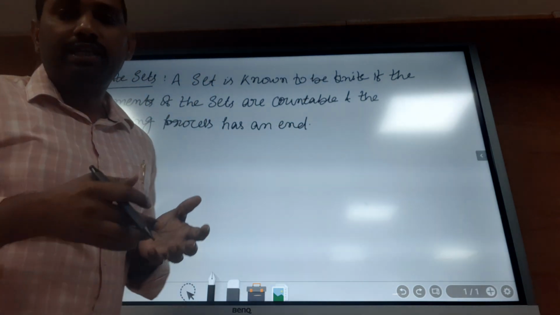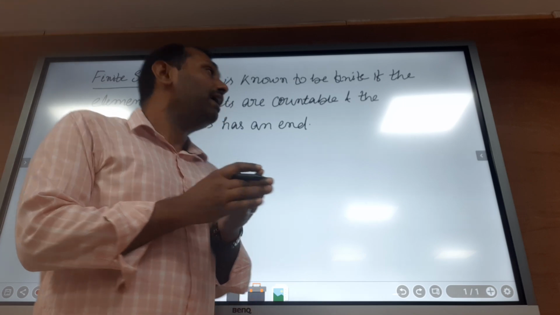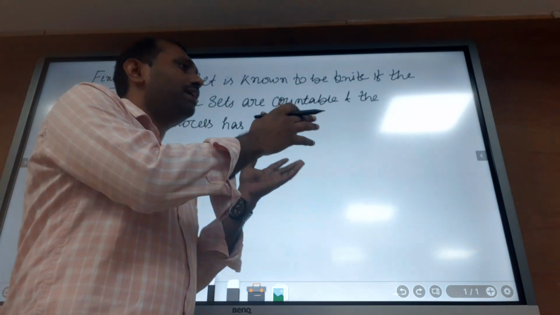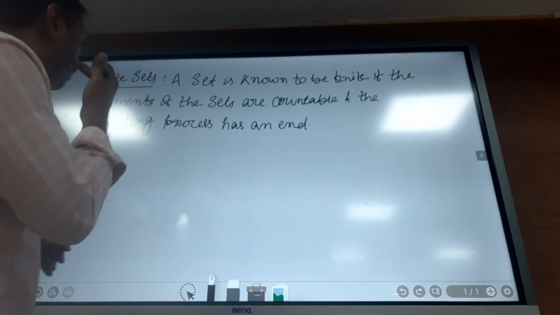Or we can say a set is said to be finite if the elements of the sets are countable and there is an ending of that count. Okay?